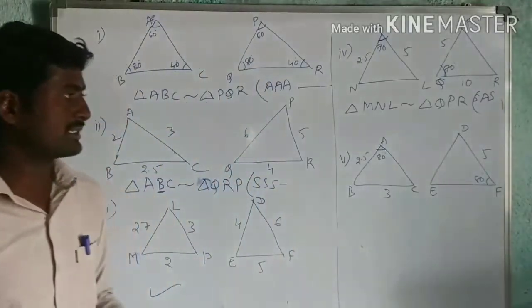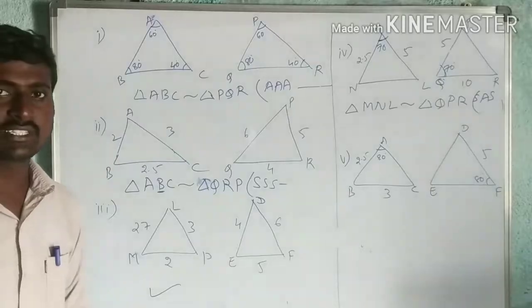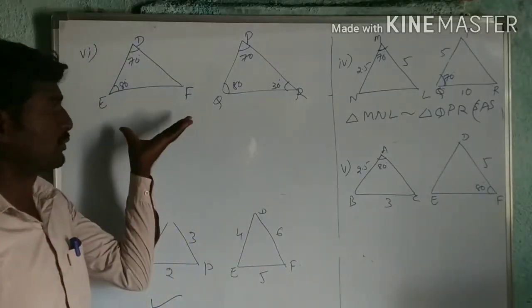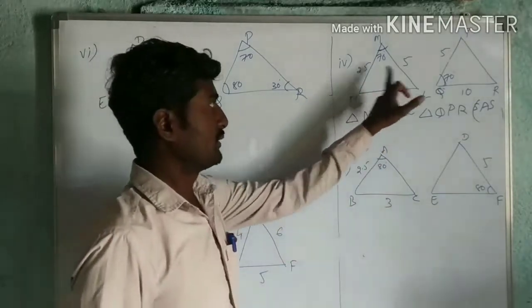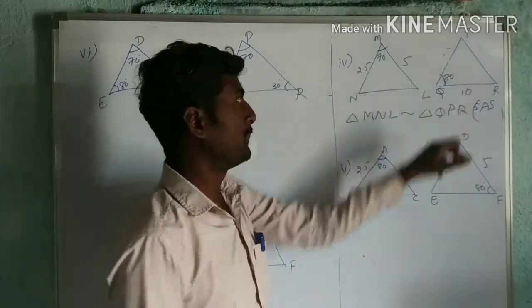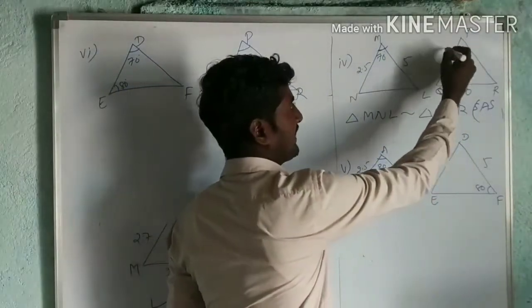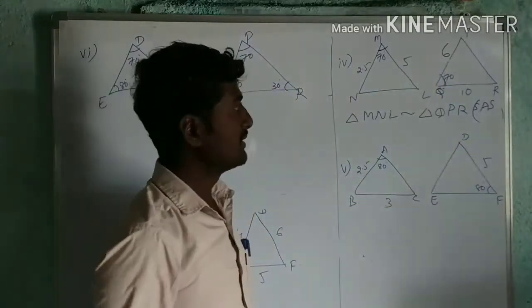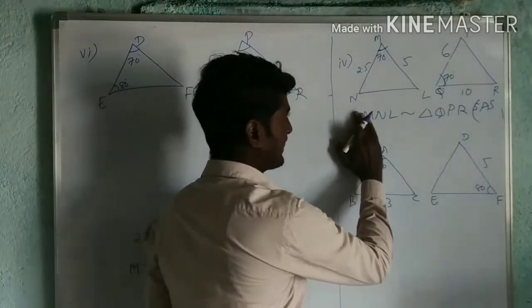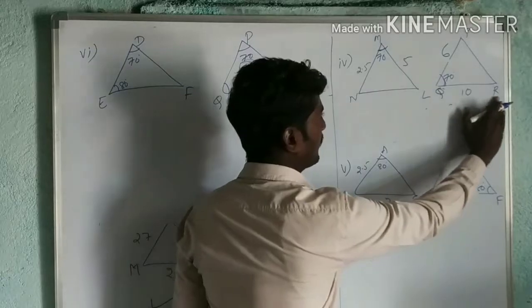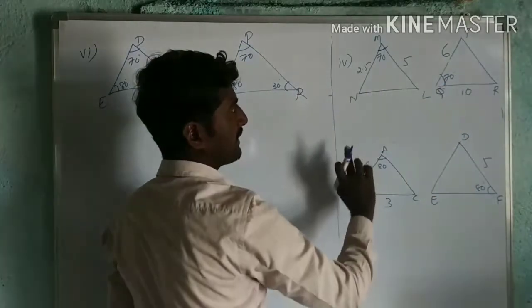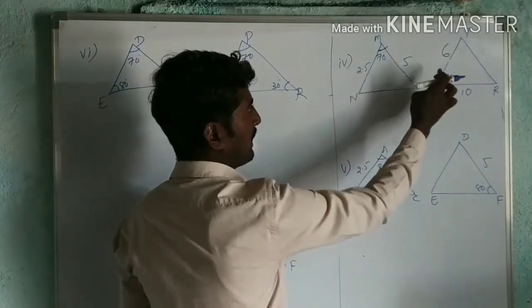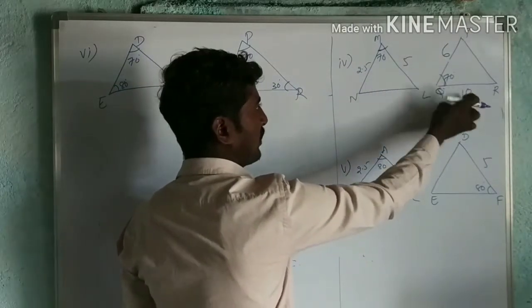Then the last one is there. Let us see it. Then the last one, that is sixth one. Before that, there is a small correction. Here they have given the side PQ as 6. I have taken it as 5. Okay, since it is 6, now here for 70, 2.5 divided by 5, divided by 10, we will get 1 by 2.